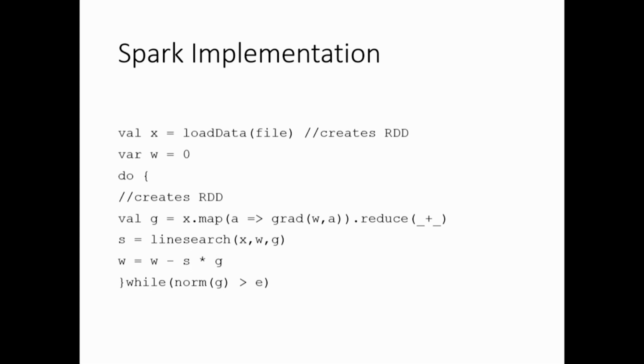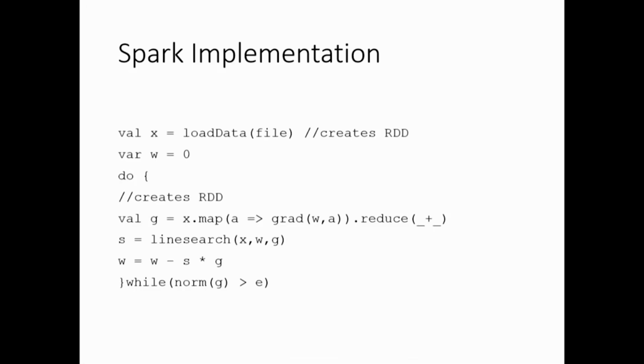and then you just take a step. Forget the line search, you can just use some fixed step size if you want. And then the last step, w is equal to w minus step size into g. This is your update step.